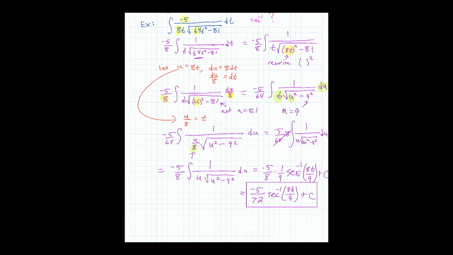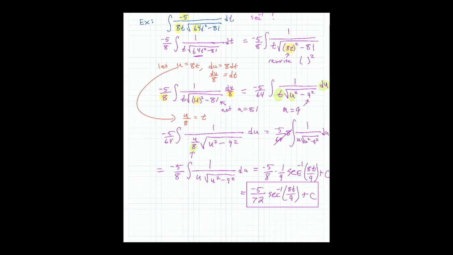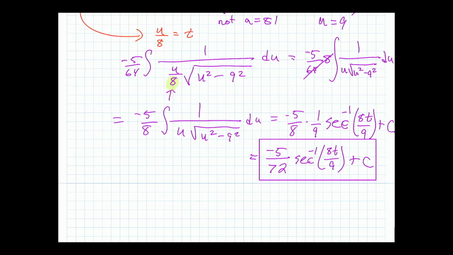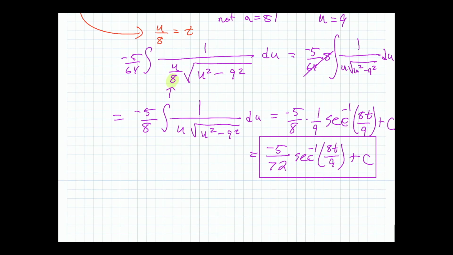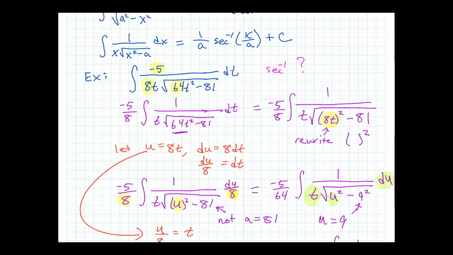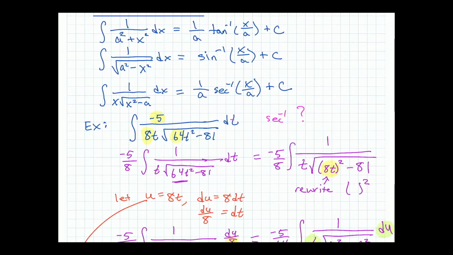Having done this, looking at the book's answer here, it looks like they're doing something strange compared to previous books that I've used. They're putting this in absolute value, which means that they must be using this as a formula.